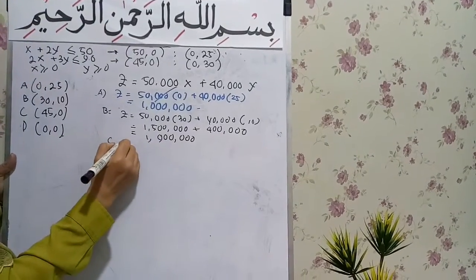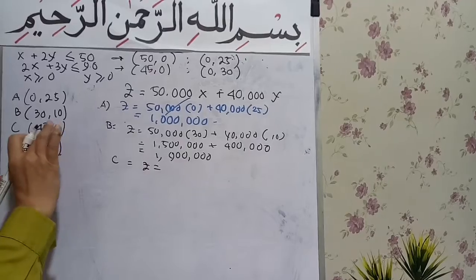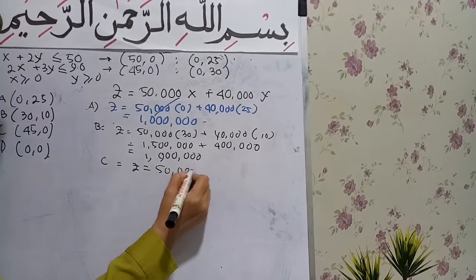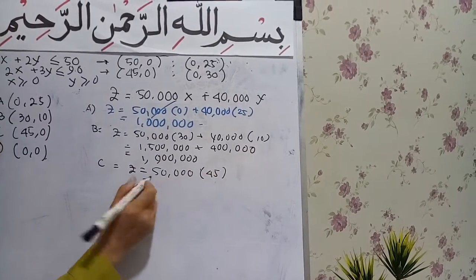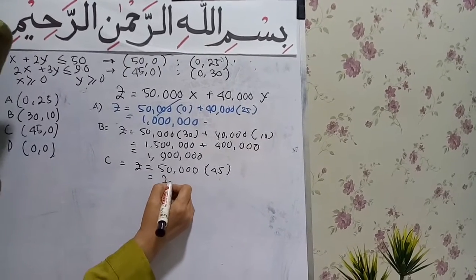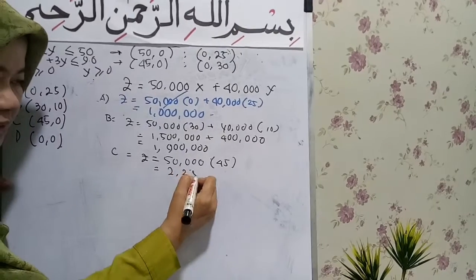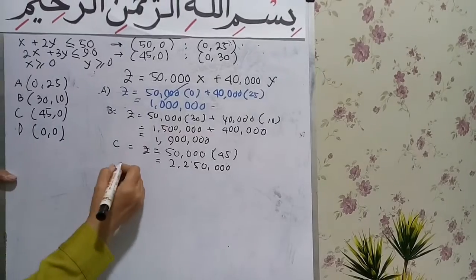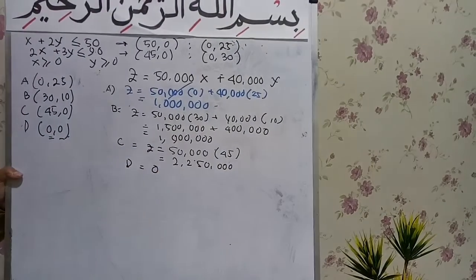Alright, C. I don't have to calculate the y, so 40,000 times 45 gives us 2,250,000. And D, since this is (0, 0), this is 0.